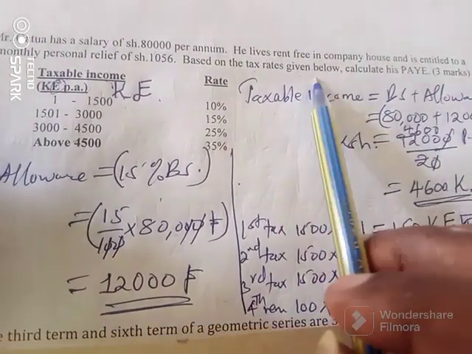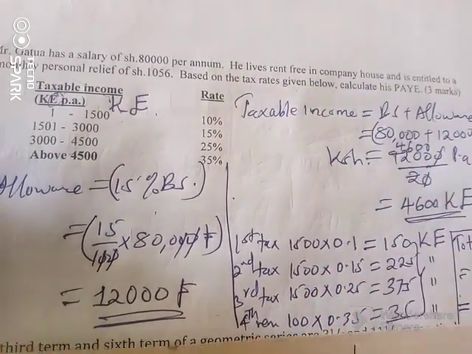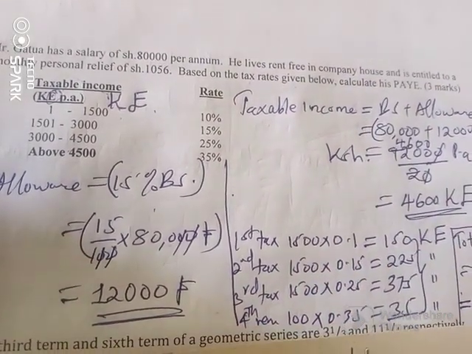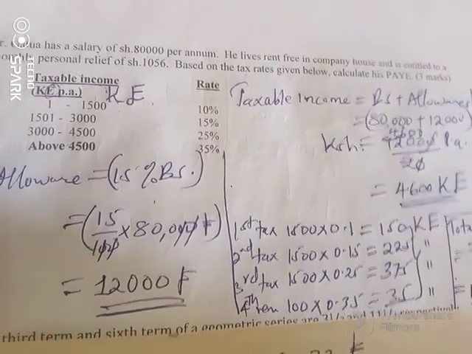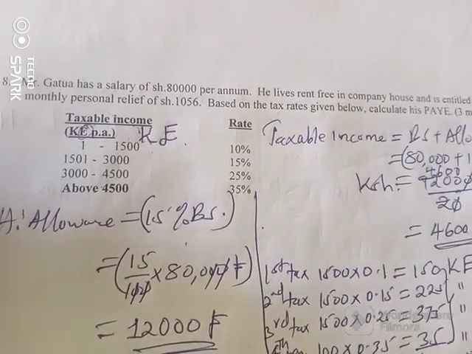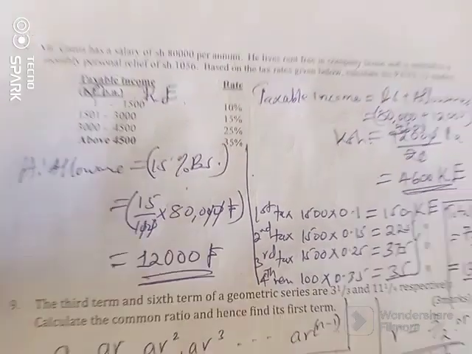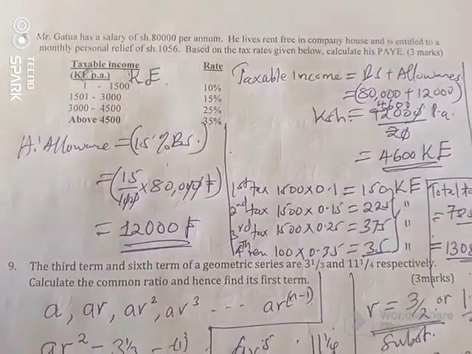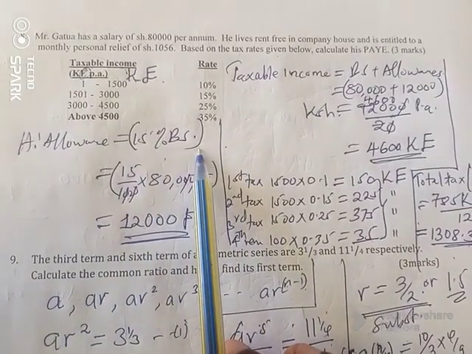The main aspect here is he lives in a rent-free company house, and that one we had highlighted very keenly in our first video when we were tackling income tax. We said when an employee is housed by the employer, then is being given what we call house allowance, which is indirect. We have to calculate it. It is hidden, and it is usually 15% of the basic salary.